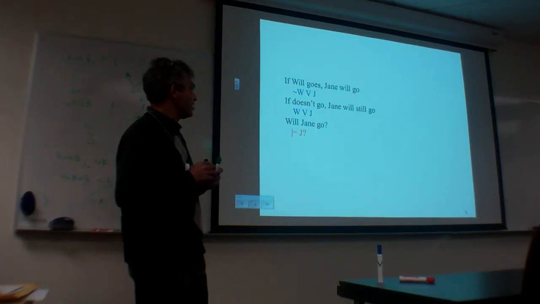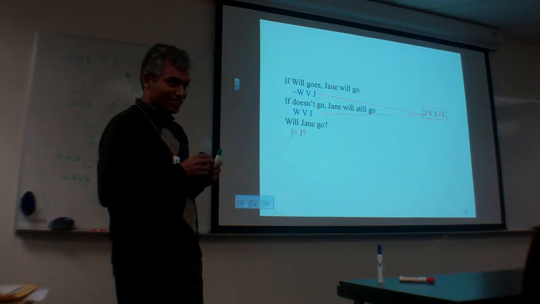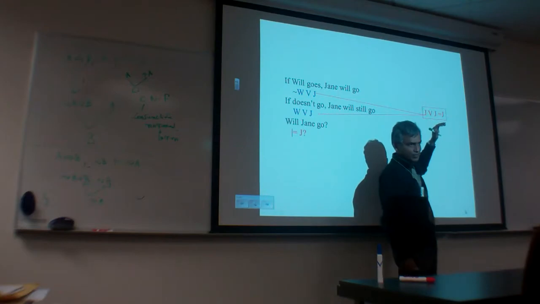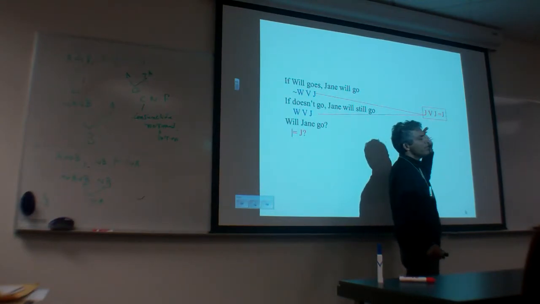If you use this in the forward direction, you'll get J or J, and then you need to throw in one extra step: J or J is the same as J. And then you'll be done.